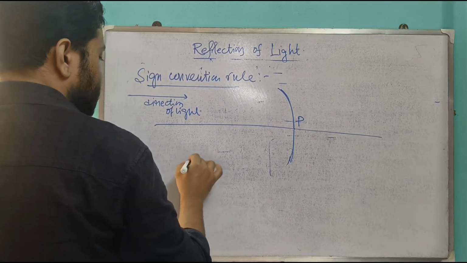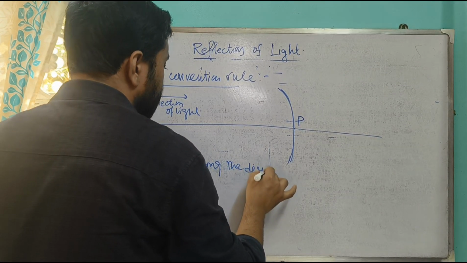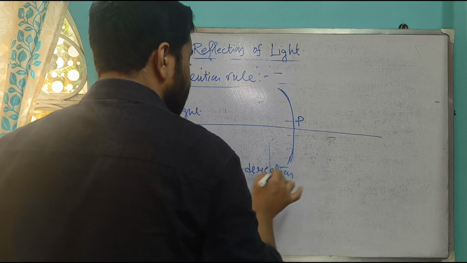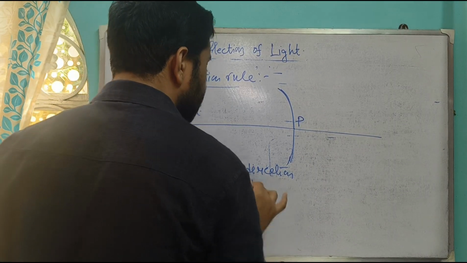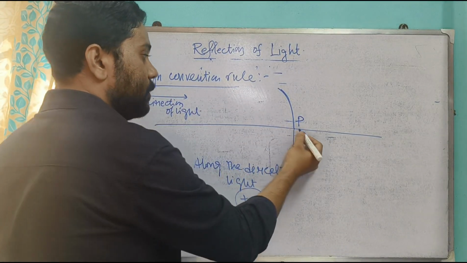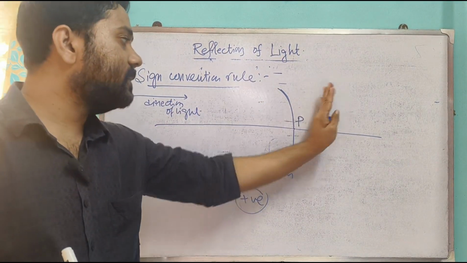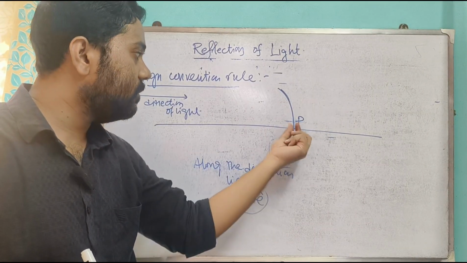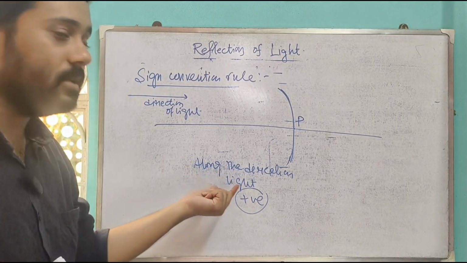So along the direction of light, we take it positive. It means we measure from the pole, and along the direction of light we take positive. It means the right side of the mirror, the right side of the pole, is positive. Obviously this is along the direction of light.